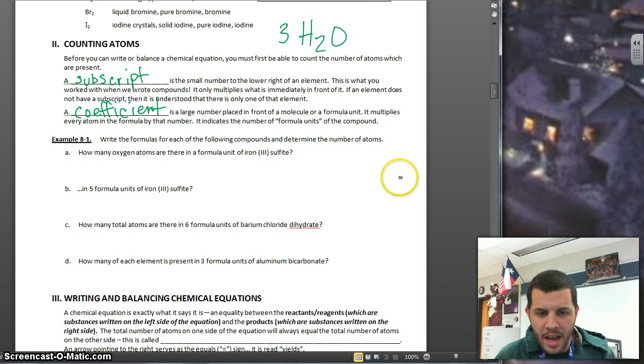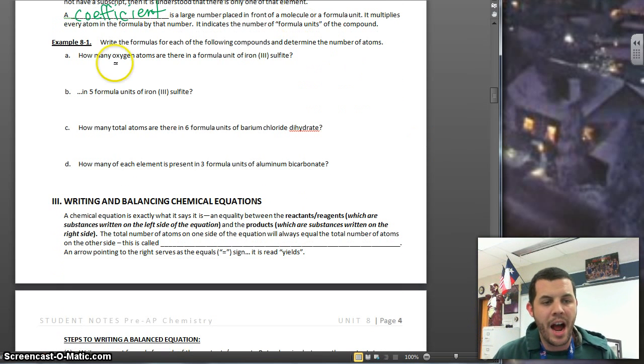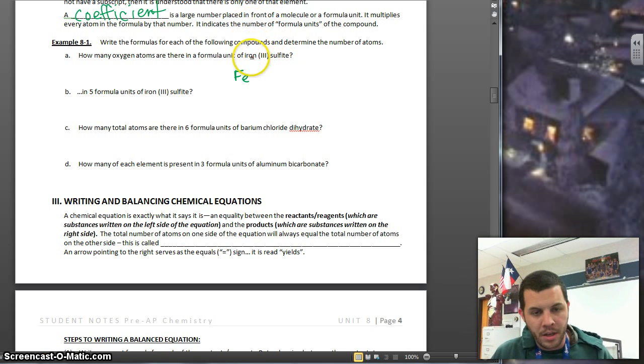Let's go ahead and remember how to write these formulas. It wants to know how many oxygen atoms there are in a formula unit of iron(III) sulfite. Well, half the battle here is just knowing what iron(III) sulfite is. I remember that iron is Fe, and sulfite is SO3 2-. I remember that because I have my polyatomic ions memorized. So I'm going to put SO3 in parentheses here.